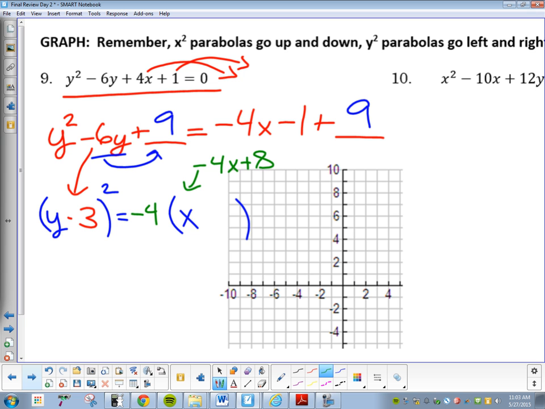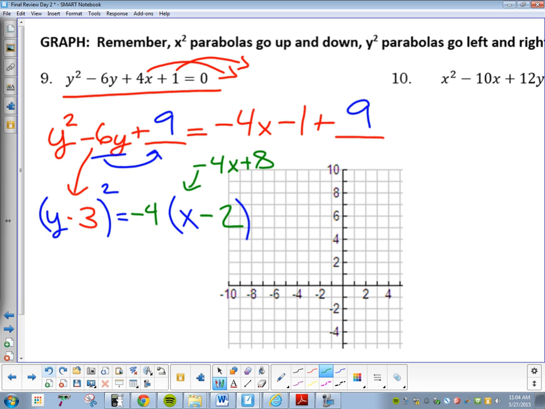So what's it going to be? 8 divided by negative 4 is negative 2. Yep. Think about it. If you distributed it back in, it would be negative 4x plus 8, just like it said. All we're doing is pulling out the thing they have in common. Okay, so it's negative 4 times x minus 2.